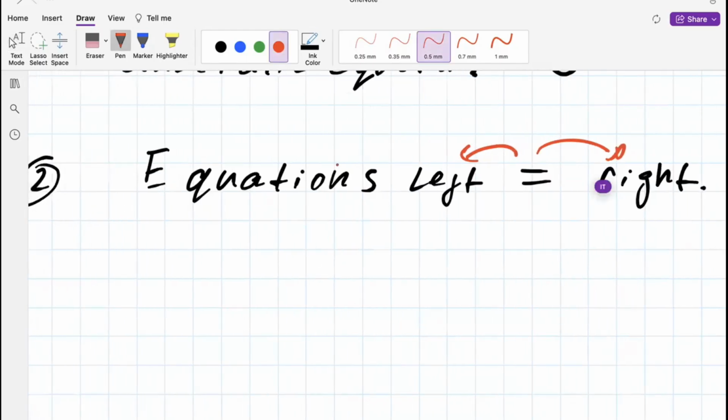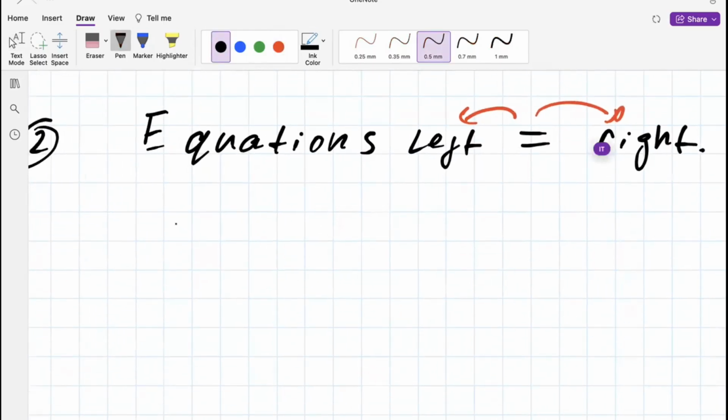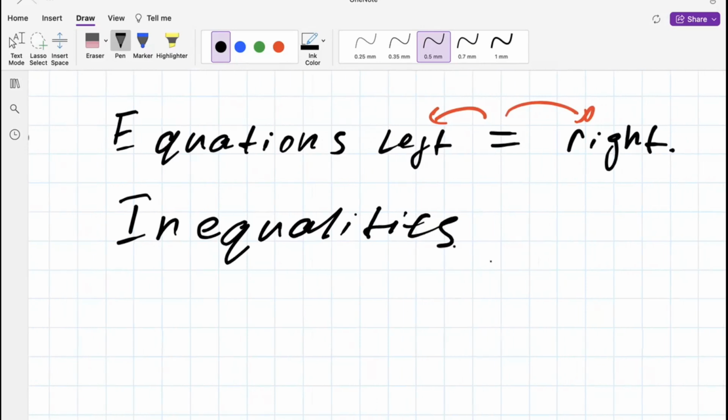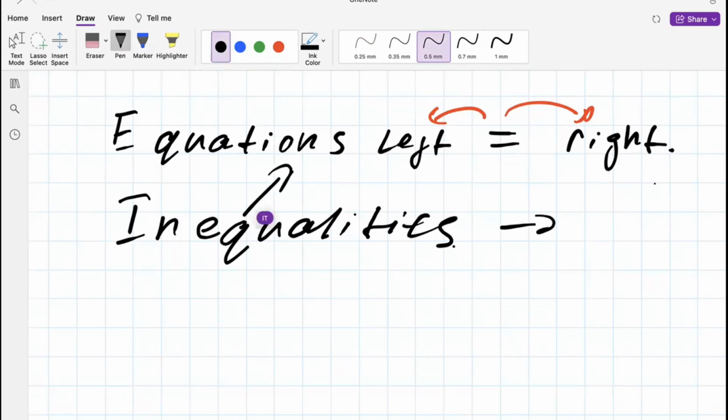After we've done equations, the next part is called inequalities. Inequalities are really similar to equations because we are looking for one variable. But in the case of equations, you can have one solution, maybe two, three, or four solutions, so a limited number of solutions.